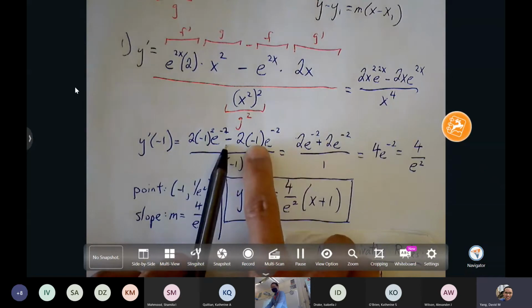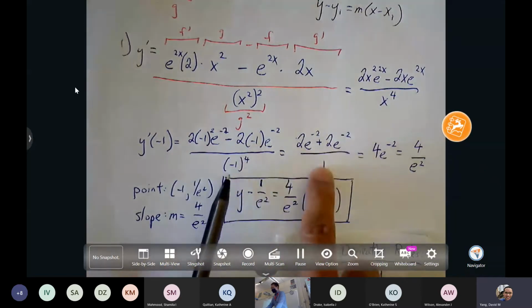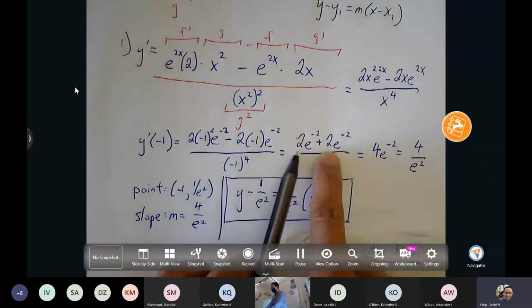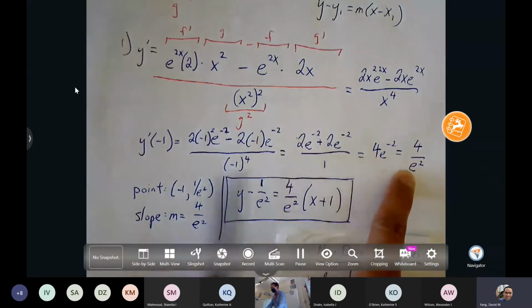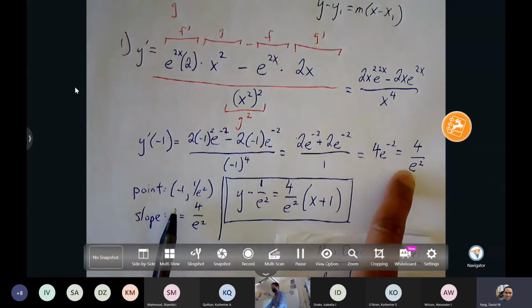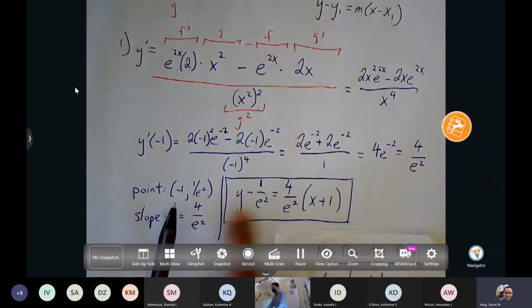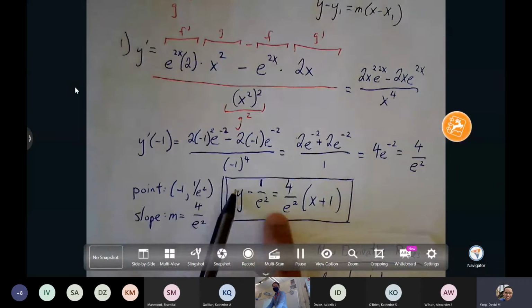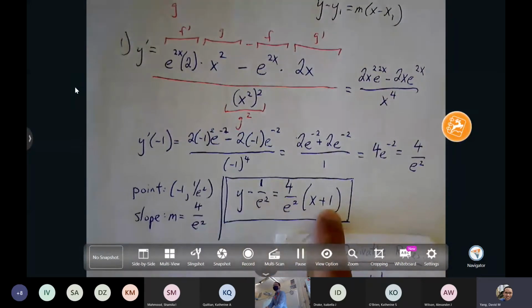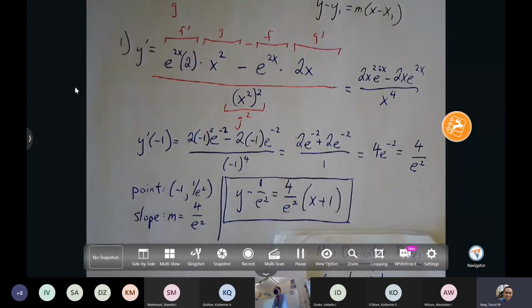And here, the two negatives become positive, so I get 2e to the -2. The denominator just goes away, it's just 1, so I get 2 plus 2 is 4. And then I clean it up to 4 over e squared. And then my ordered pair and my slope, y minus y1 is equal to m times x minus x1. Sam, did that answer your question? It did? Okay. Anything else with 1?